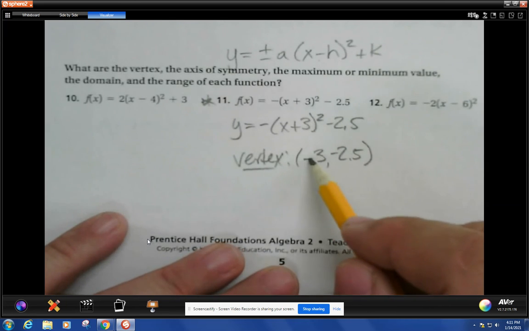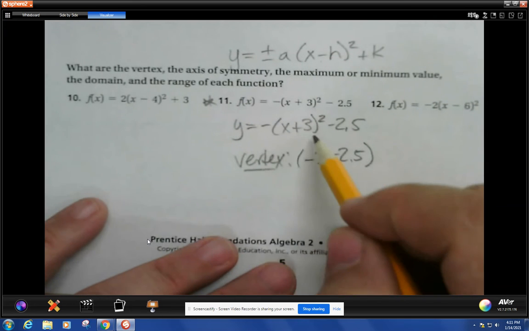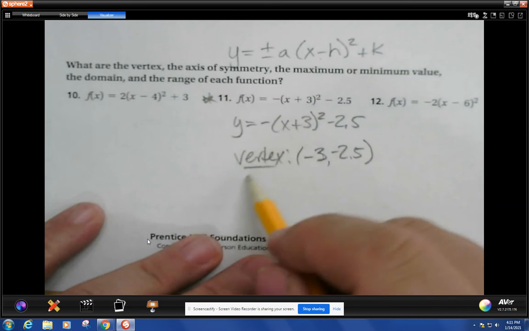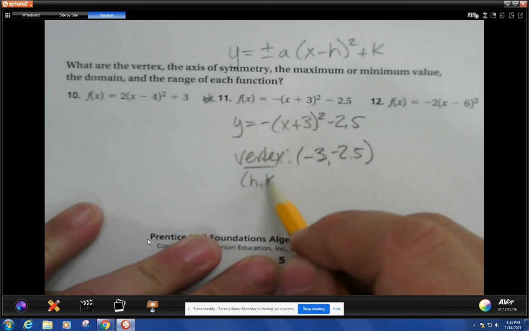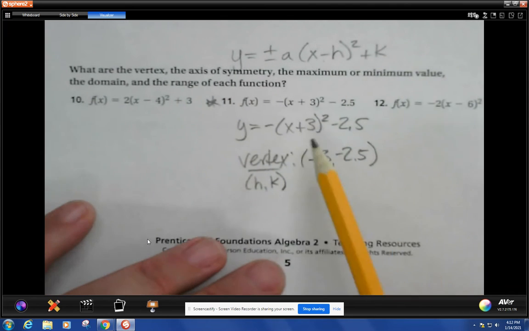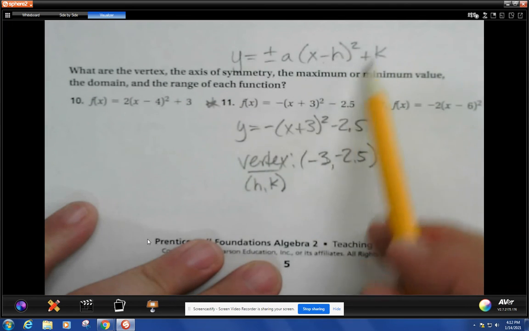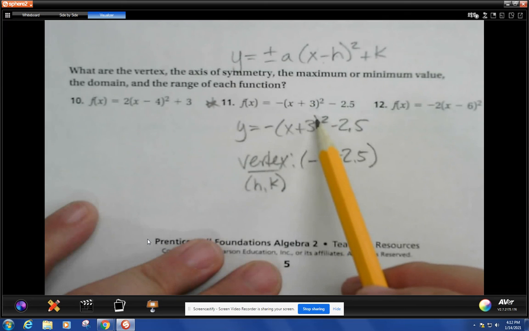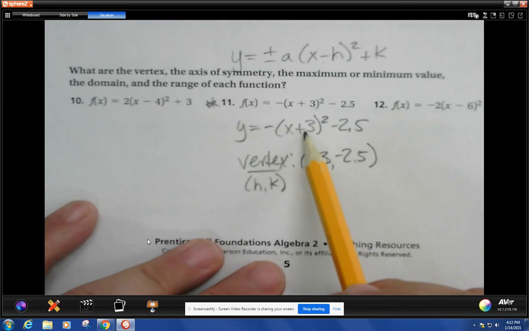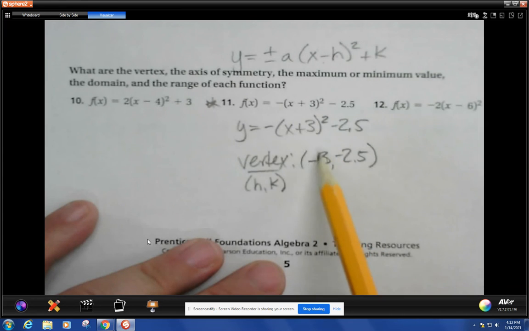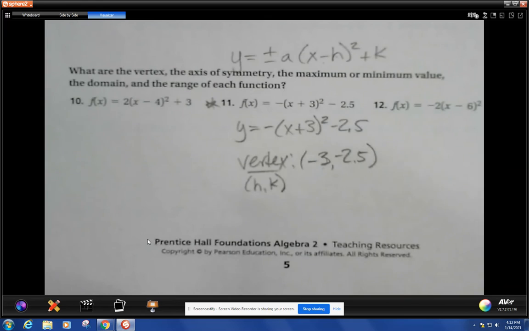And so that's where this -3 came from. So what I want you to notice is that your vertex is actually h and k, okay? H and k in this form actually denote what your vertex is. So very quickly we can see, from graphing and from vertex form, that my vertex is right here.